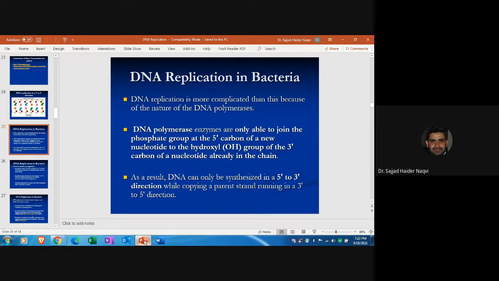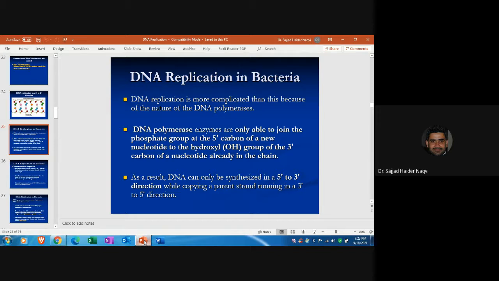As a result, the nucleotides will be added on and a new polynucleotide chain will be formed, which is compatible and comparable to the parental chain that already exists. So the parental chain works like a template, and a new polynucleotide chain is synthesized considering the template sequence, and that reaction is catalyzed by DNA polymerase enzymes.